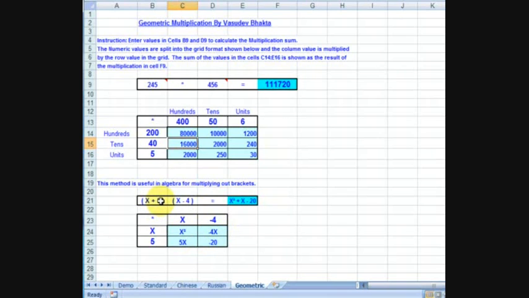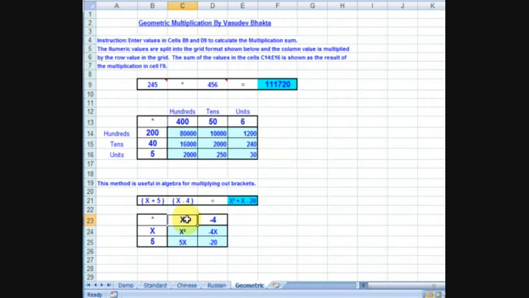When we put these x plus 5 and x minus 4 into this grid, we have to remember one thing, which is to take the sign with the number or the letter that's associated with the sign and place them in the grid as well. So x plus 5: here on the left hand side vertically we have x, and plus 5 is positive again as 5.